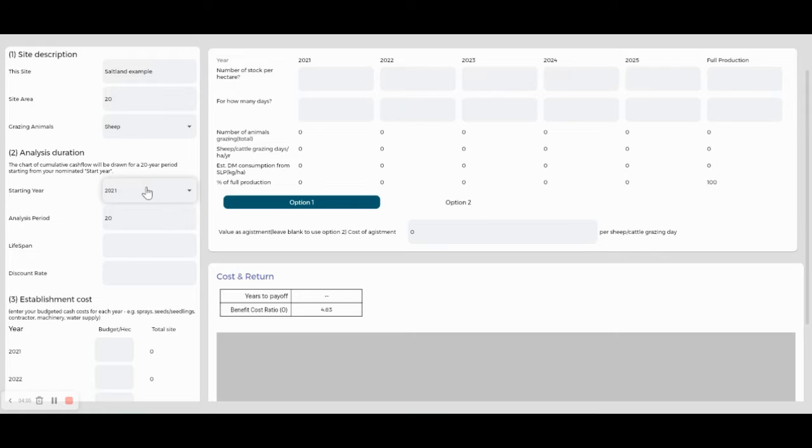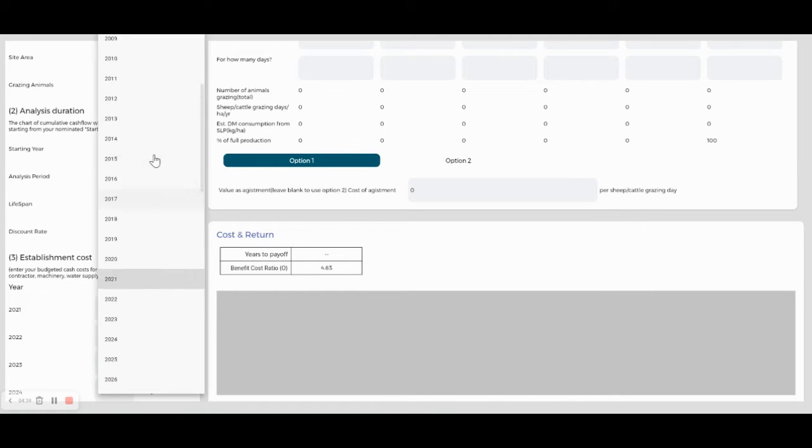We'll then move down to section number 2, the analysis duration. So these are some of the financial inputs and our assumptions that are behind how long and how the calculations are being done and the results that are presented. So the starting year, and this analysis or the case study started in 2005.